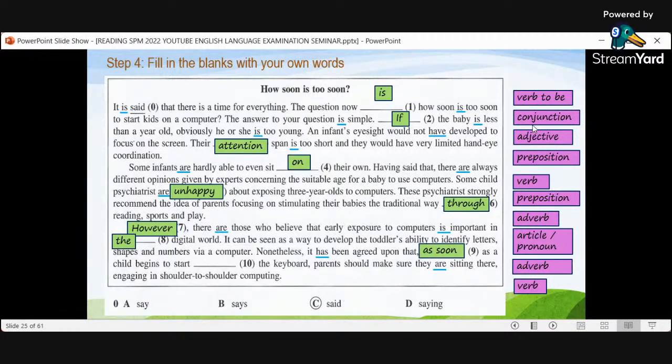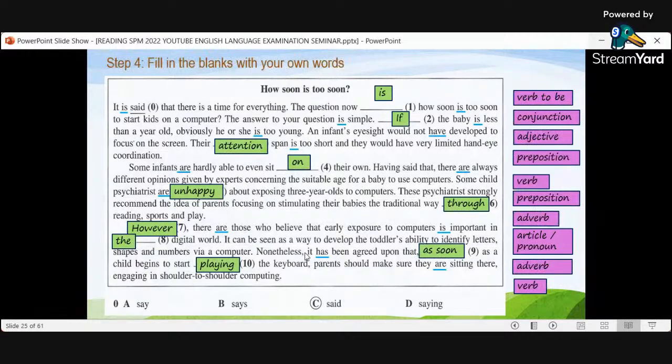And then you have, nonetheless, it has been agreed upon that as soon as, the reason I have as soon is because here, how to say, a giveaway for me, because I see as, upon that as, so as soon as a child starts playing the keyboard. So I put my own answer.